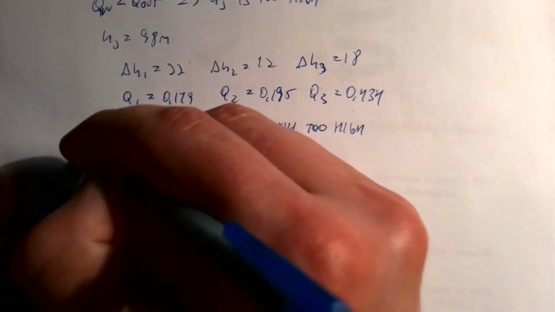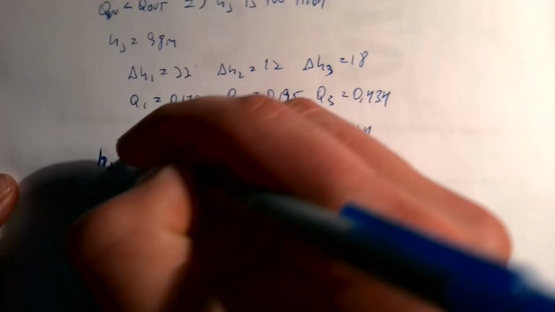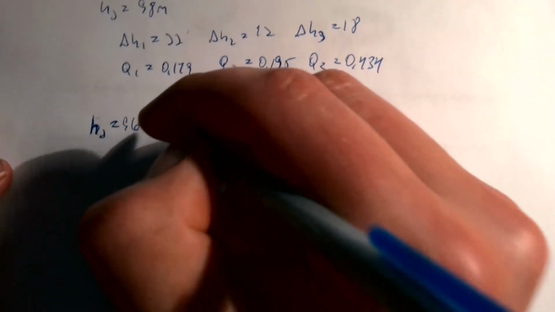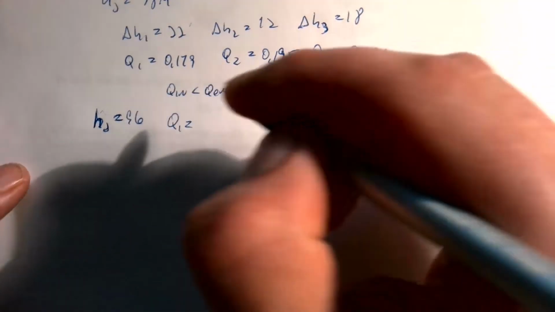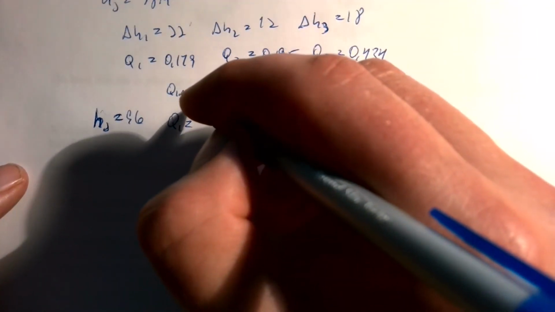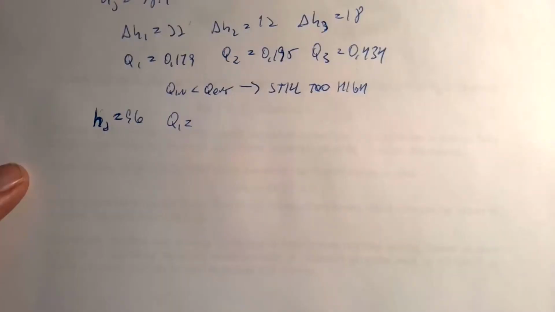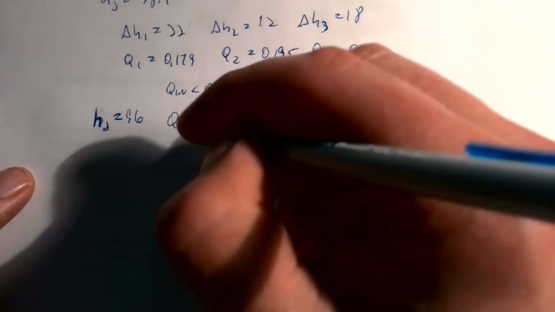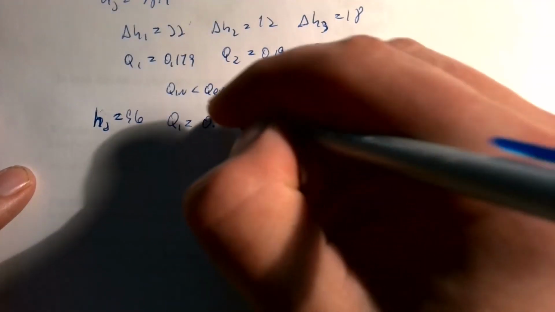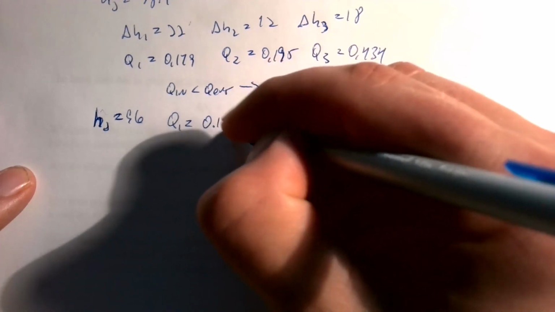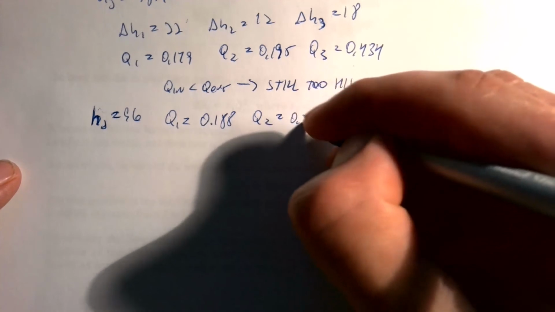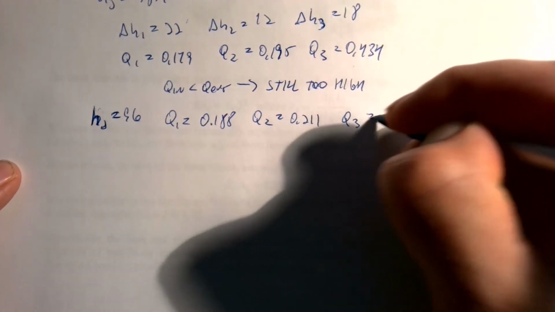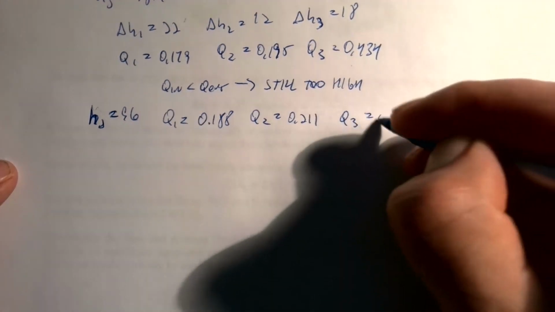If I assume Hj is equal to 96, I'm going to get Q1 is, let's see, 0.188, Q2 is 0.211, and Q3 is 0.405.